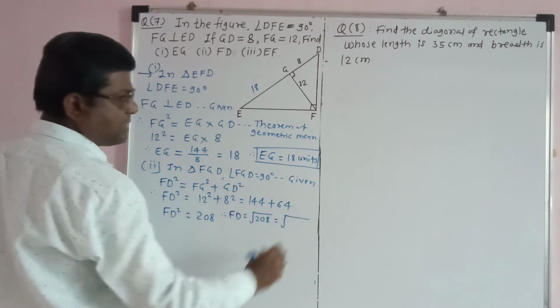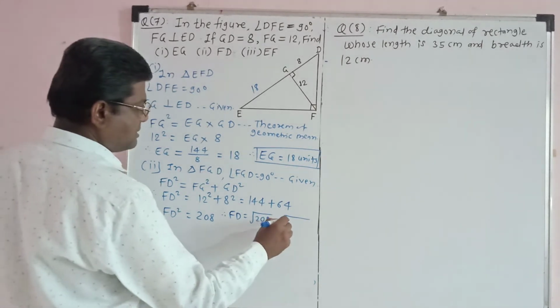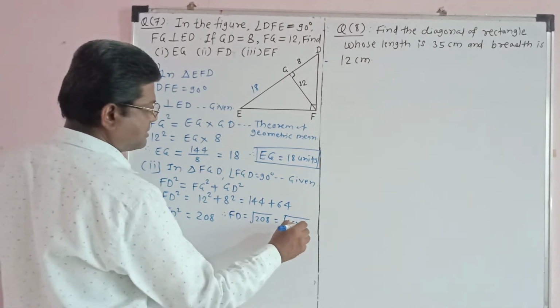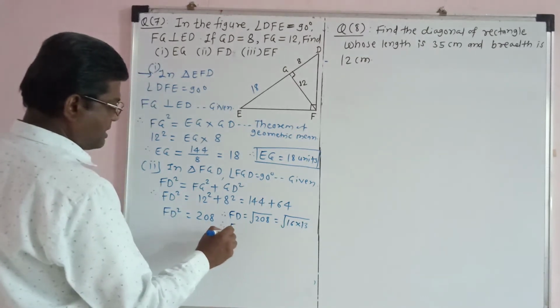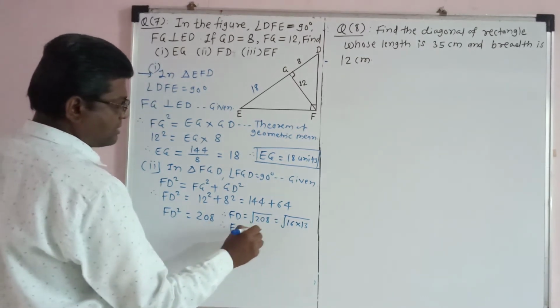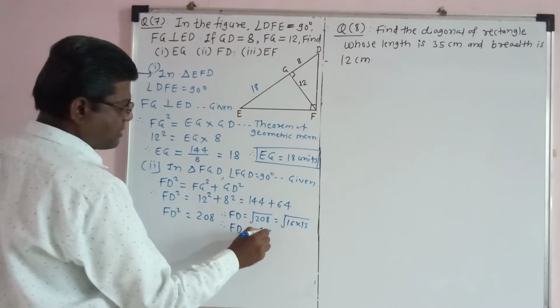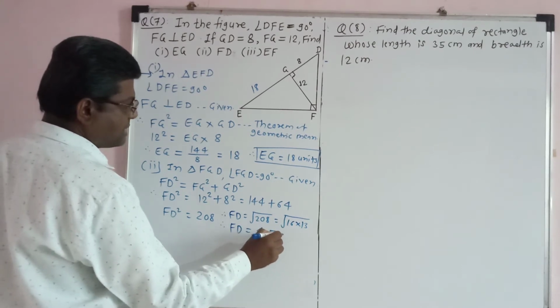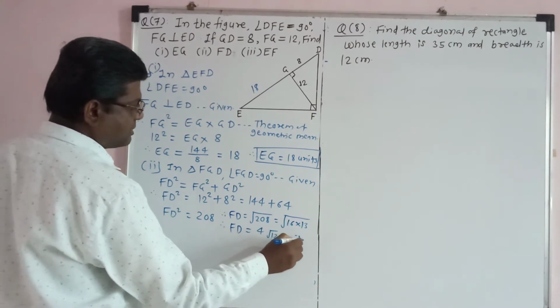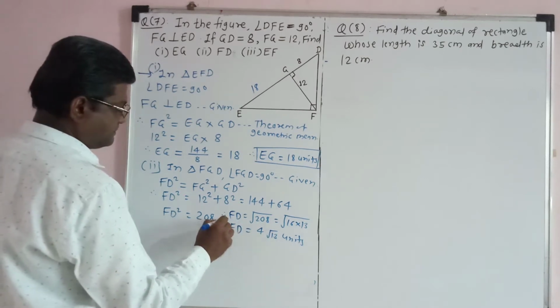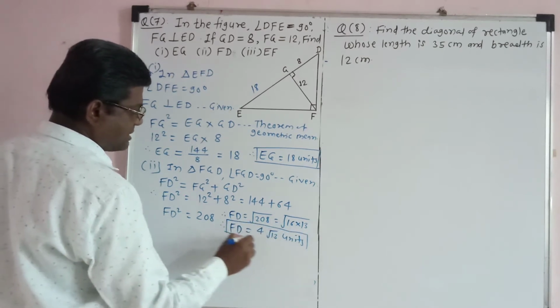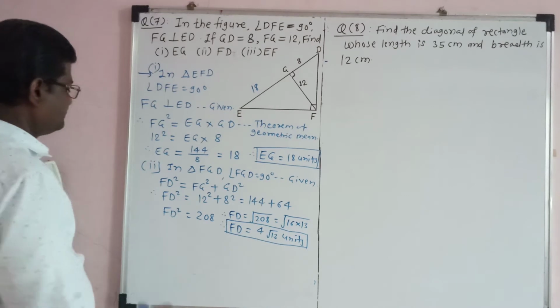This 208 can be written as 16 into 13. Therefore, FD is equal to square root of 16 is 4, 4 root 13 units. This is our second answer.